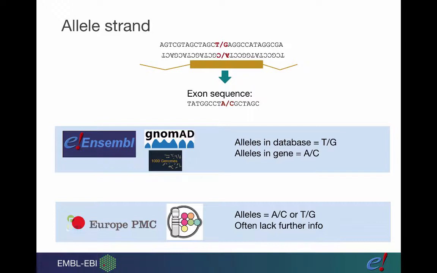They may not tell you whether they're talking about the forward or reverse strand, so this is something to be quite aware of when you're reading about variants perhaps associated with a phenotype. If you had an A/T and you were told that T was associated with the phenotype, unless you know for certain whether that T is referring to the forward strand or the reverse strand, you don't actually know which allele is associated with the phenotype.